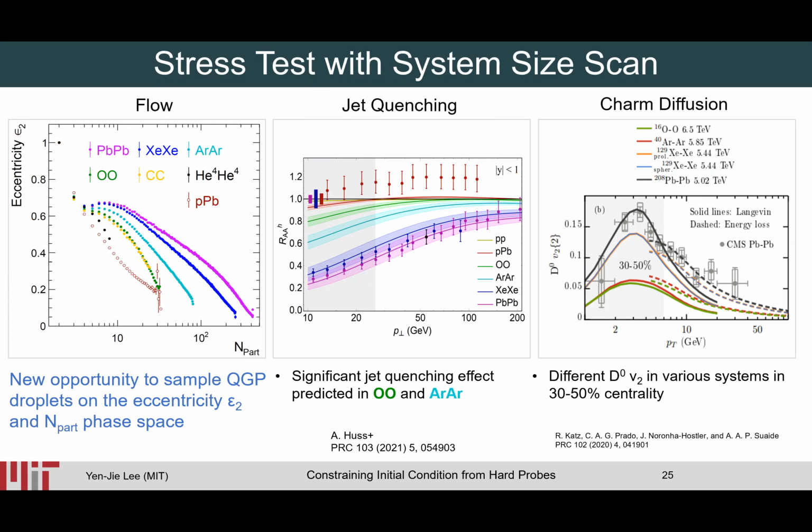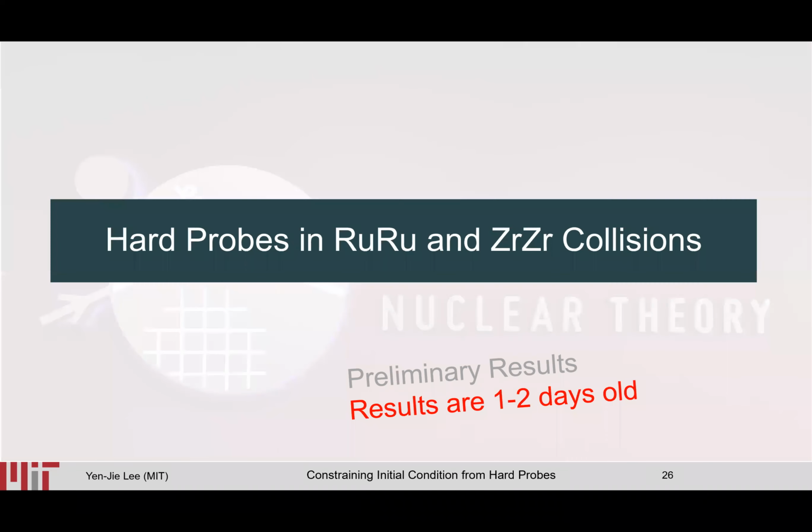Model calculations show that there's still a sizable jet quenching effect in O-O and Ar-Ar, and also charm diffusion can be studied in various different systems at the same centrality. So this paper shows that you can learn more through system size, and that will provide a stress test to lower all those theoretical uncertainties.